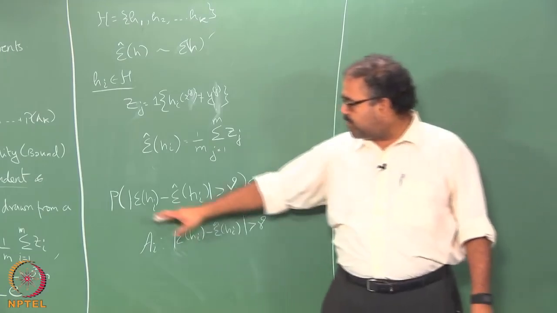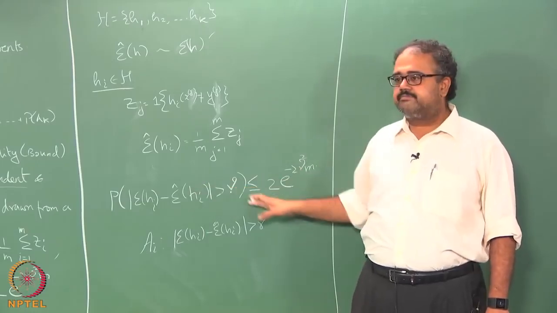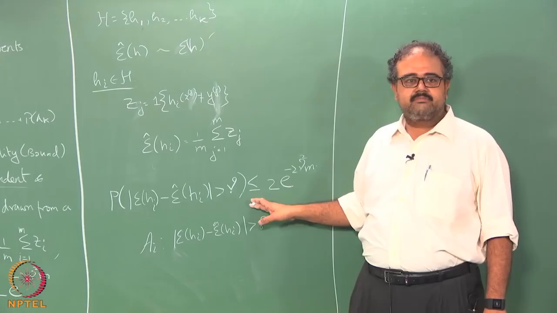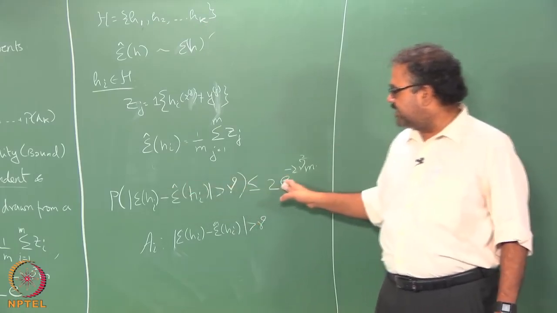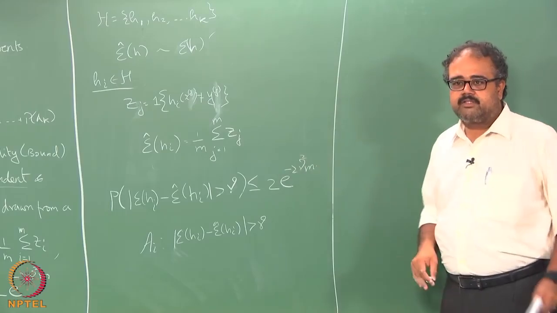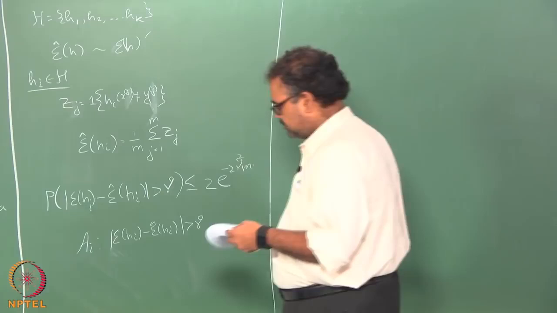So now this becomes the probability of Ai, and the probability of Ai is less than or equal to 2 e power minus 2 gamma squared m.